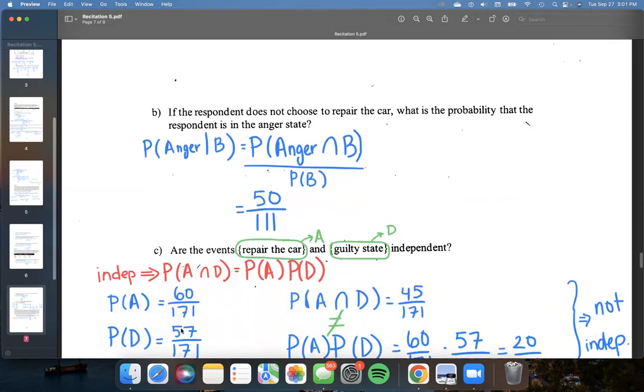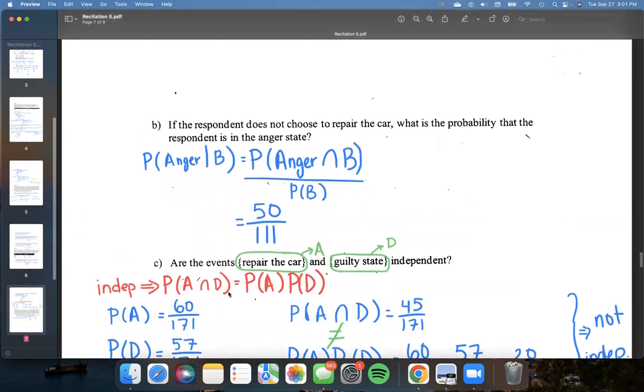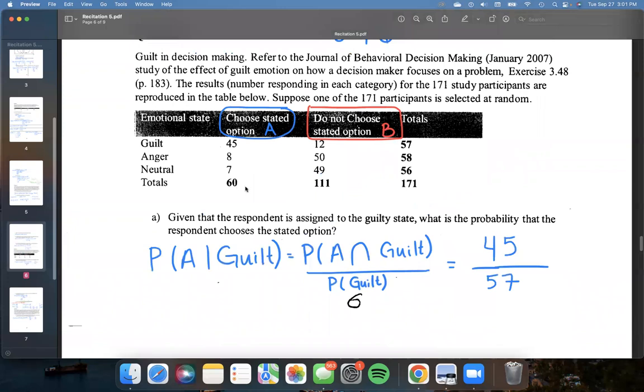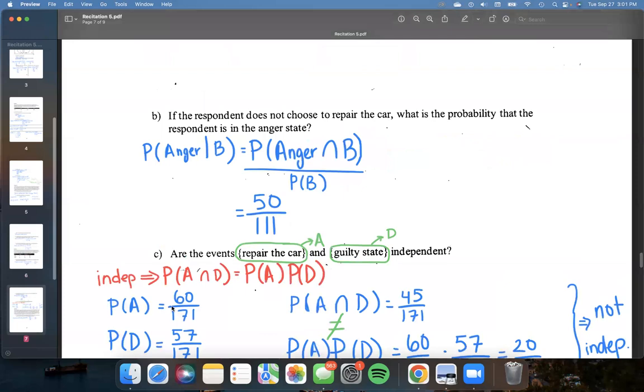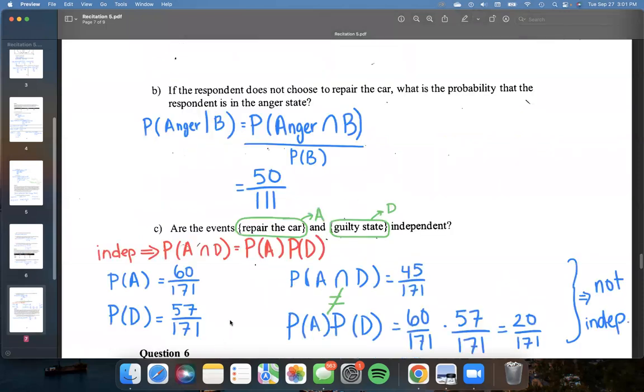So first let's find the probability of A and the probability of D alone. The probability of A, repair the car, would be 60 out of our total, which is 171. And then the probability of D, guilt, which is guilty state, we're going to look here. Guilt is 57 out of our total, which is 171. So 57 divided by 171.